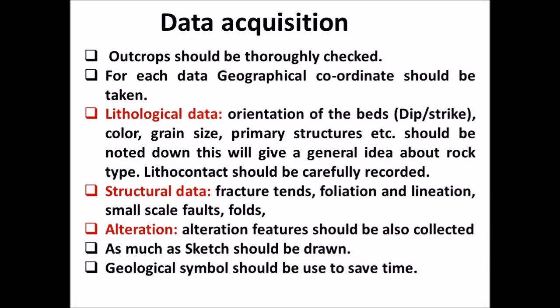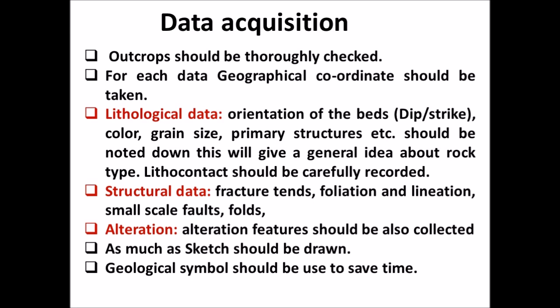So it will give some idea about what kind of geological process has been going on there. Also we should make it a practice that sketches are drawn as much as possible at the time of acquiring data. And to save time, we should use geological symbols while writing down the features.